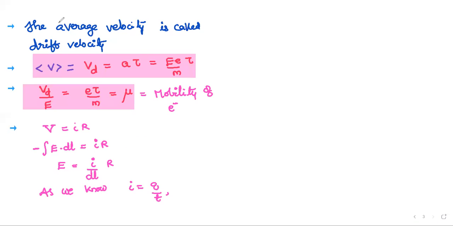Q is produced by the flow of electrons, so Q is equal to Ne by t, where N is the number of electrons flowing in 1 second. Where N is the number of electrons.